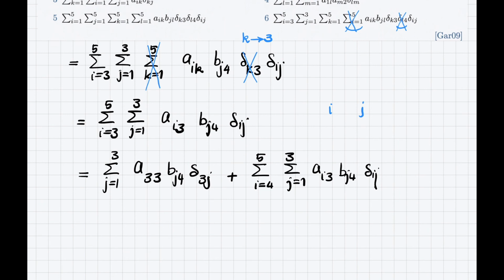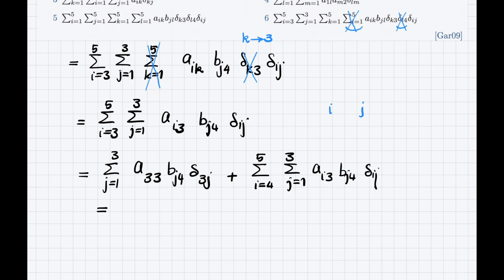Okay, but now what can I do here? So you see this expression delta_3j depends on this sigma. So can I eliminate this with that one? Yes, because the second index is 3 and 3 is in the range. So I can eliminate this one and this one, but the price that I need to pay is to replace j with 3 everywhere. So then what happens for this first term?